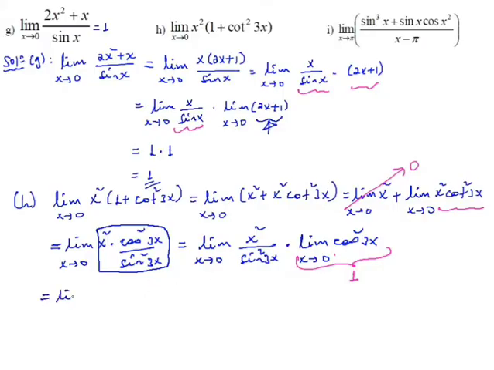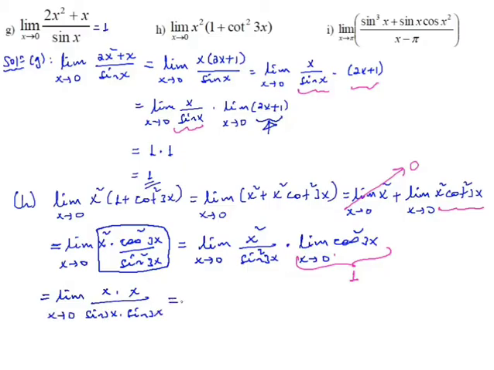The limit of x times x for x square, and sine square means sine 3x times sine 3x, as x approaches 0.